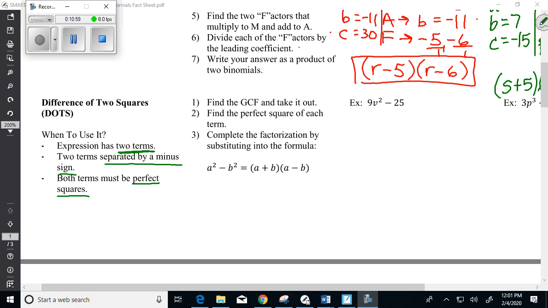That's 1, 4, 9, 16, 25, etc. A perfect square for a variable means that the variable has to have an even exponent. So that's v squared, v to the 4th, v to the 6th, v to the 8th. As long as that exponent is even, then you can potentially use it as a perfect square.